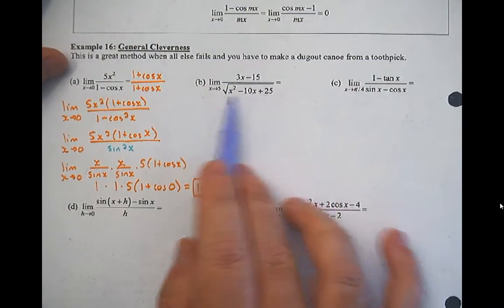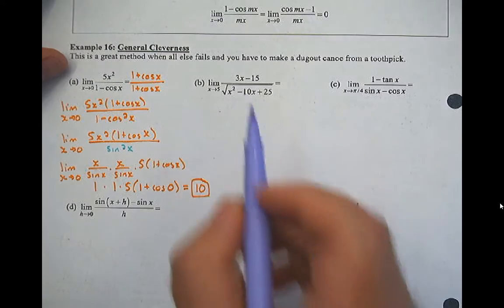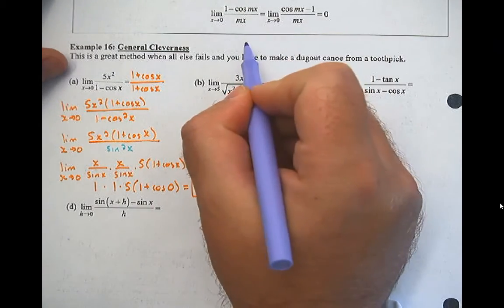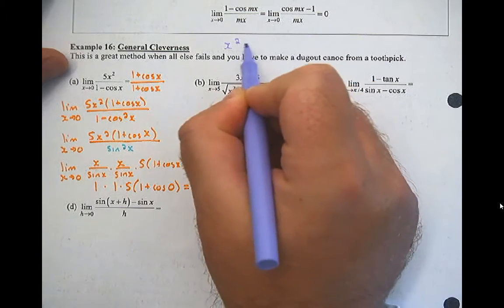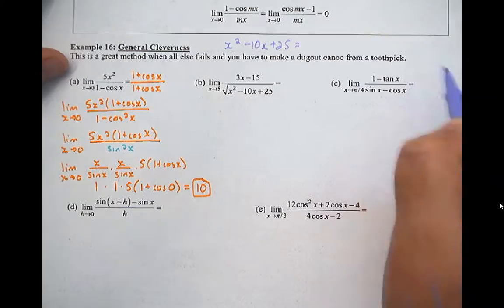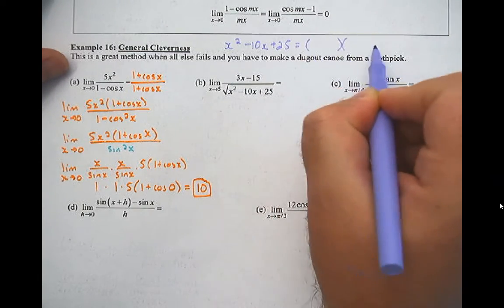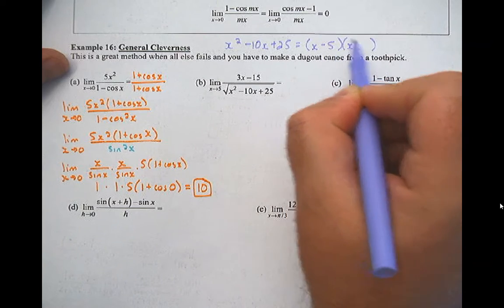This is another one where who would have ever thought that you could do this? But if you try to factor this thing, let's do a quick factoring. How does this factor? x and x, minus 5 and minus 5.